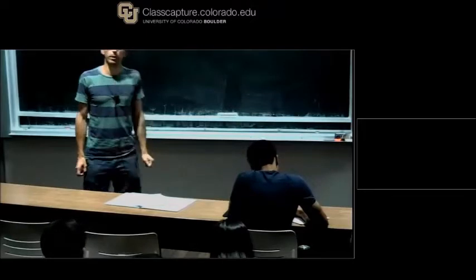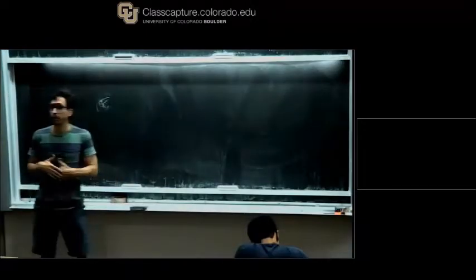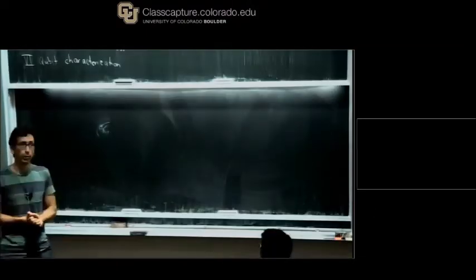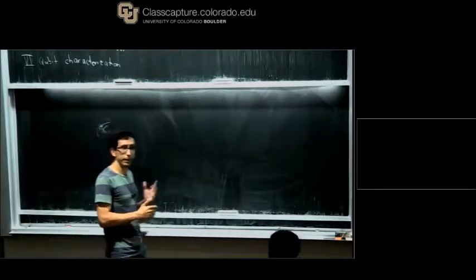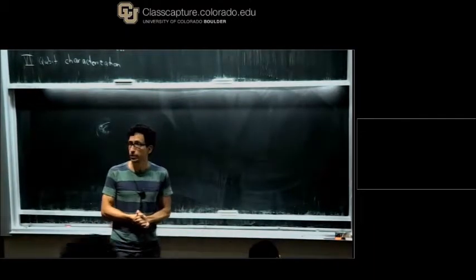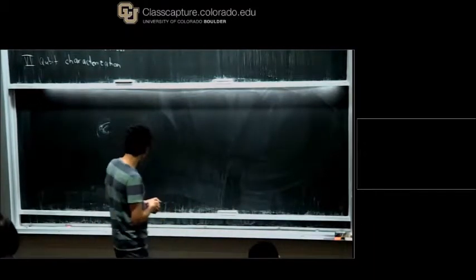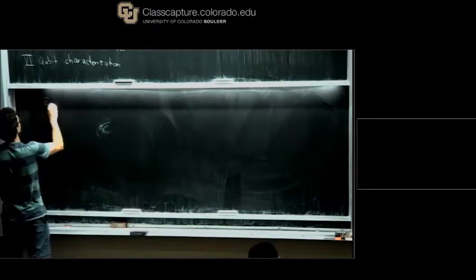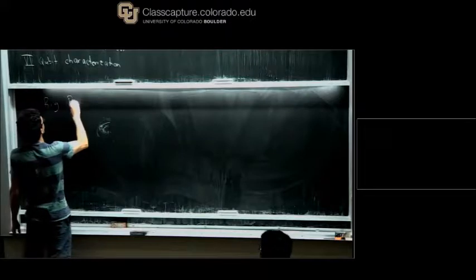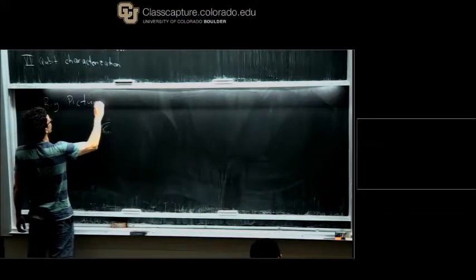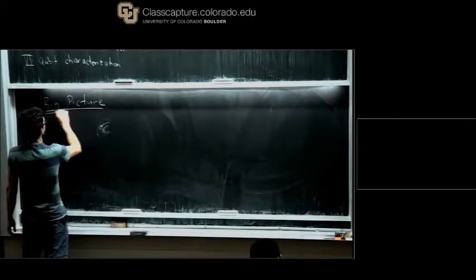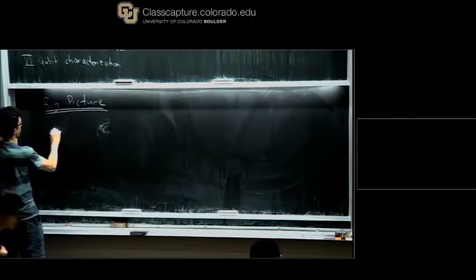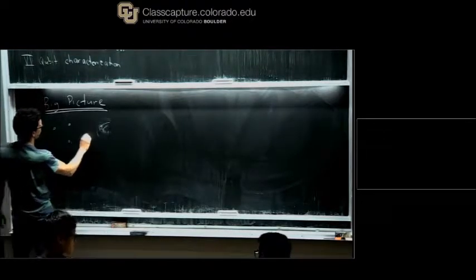Okay, so let me begin by reminding you of one of the very basic ingredients in many particle quantum mechanics, namely the idea of indistinguishable particles and their exchange statistics. So suppose you have some system of identical particles.